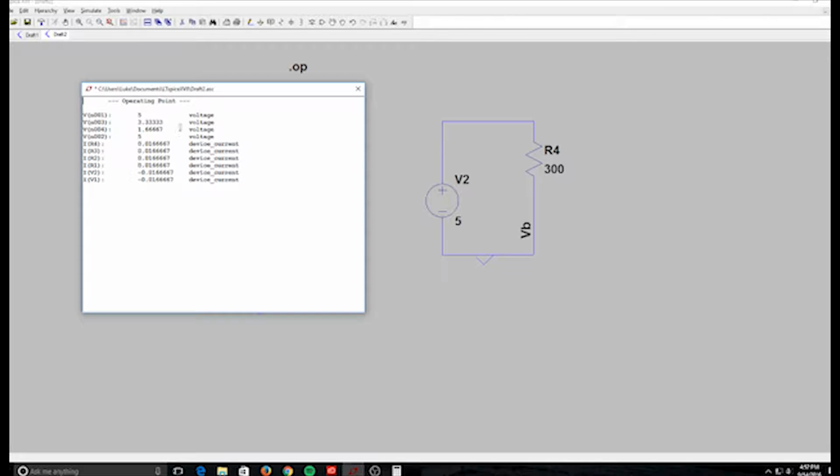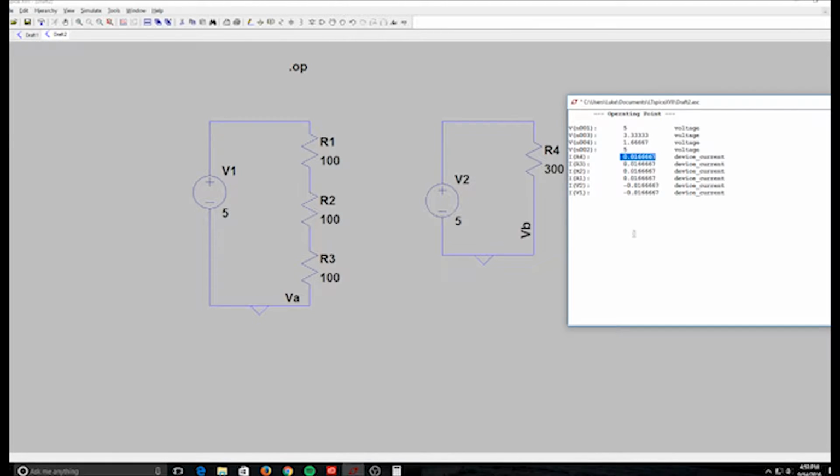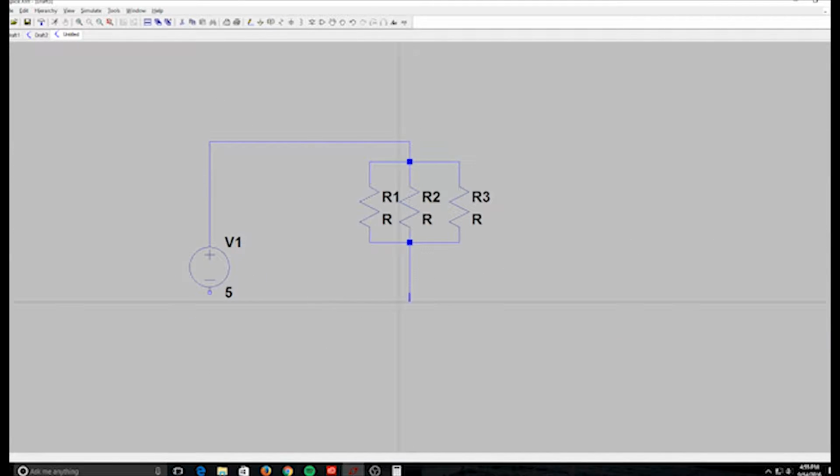So next thing that we got to do is build a simple parallel circuit, which I will get to right now. So here we have a simple parallel circuit where we have 300 ohm resistors wired up in parallel, and I already built this guy so we can run it.